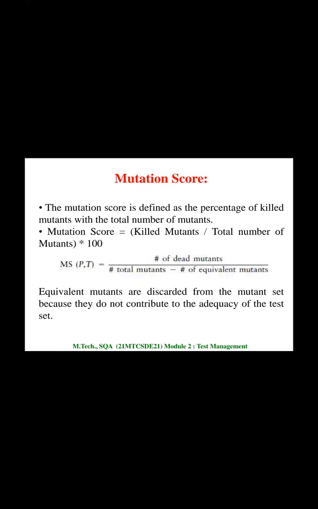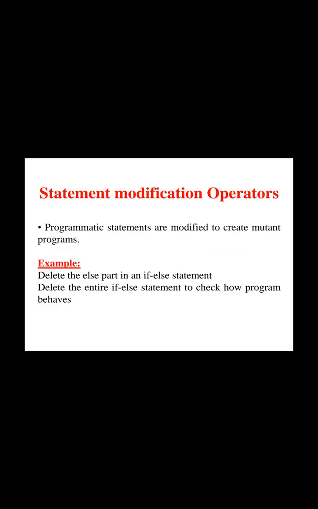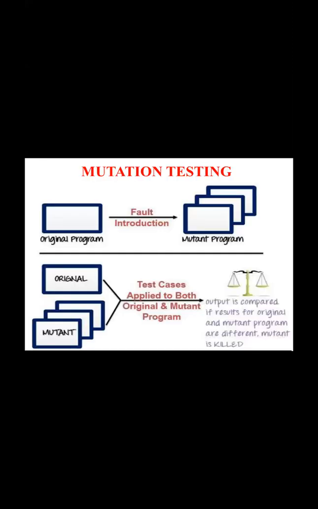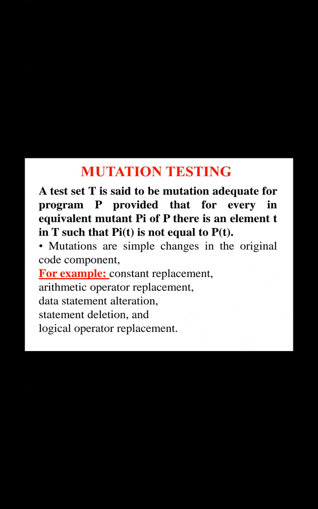And in mutation testing, we are calculating the mutation score. The mutation score MS of P, T, where P is the original program, and T is the test case. So we already discussed now, we used some parameters. T is the test case and P is the given original program, P dash is the mutant program.